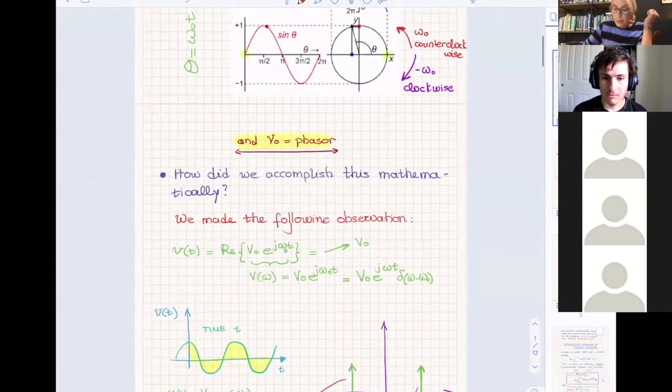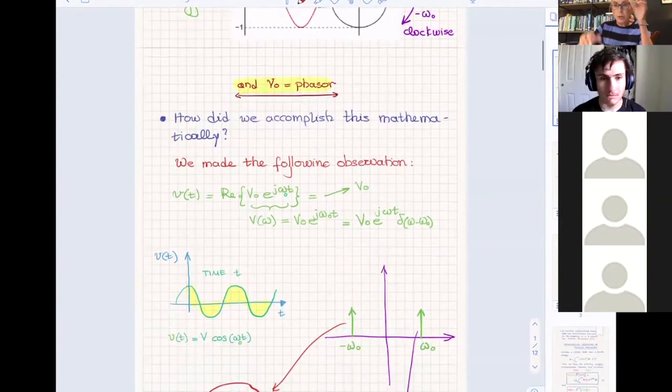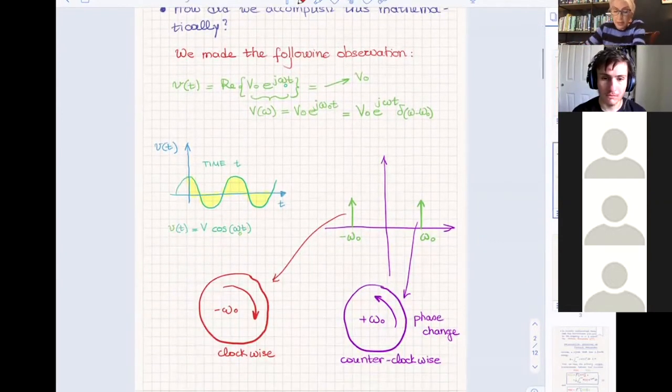So because the two rotations give rise to the same signal, we say that one signal like this, which is a cosine of omega naught t, has two frequencies mathematically.